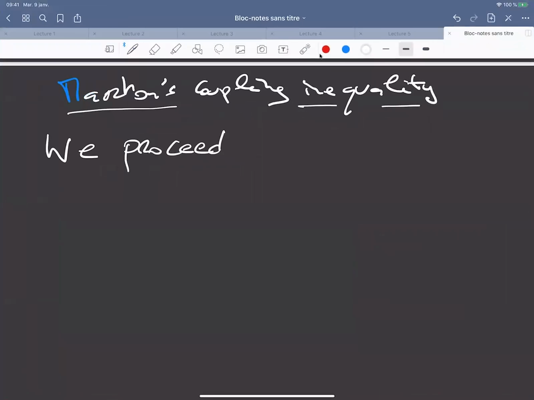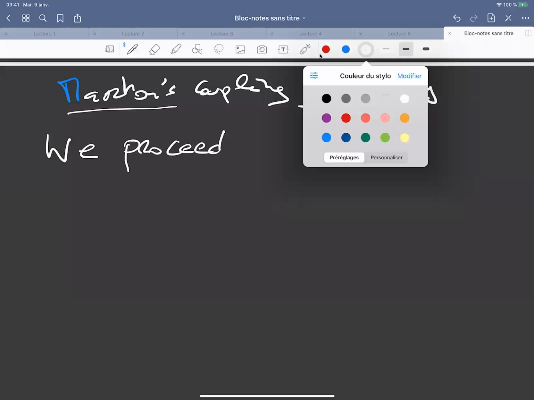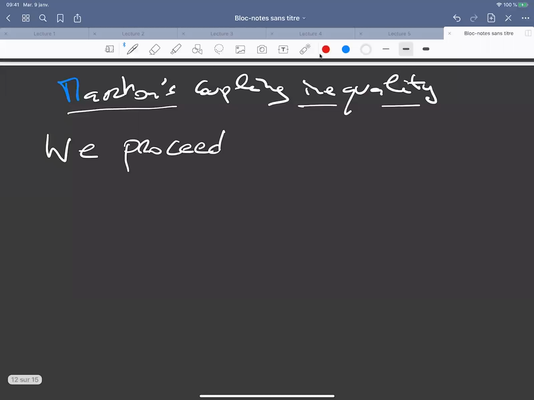So let's do it. It's not that complicated, but the notations are sometimes a bit difficult to fix. Okay, so we proceed by induction.